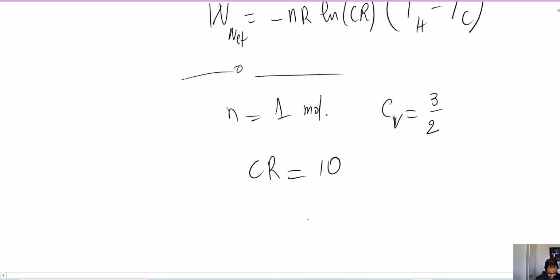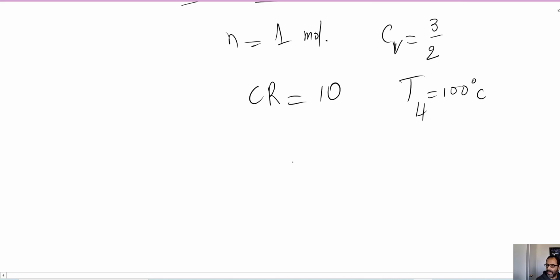So the ratio of the volumes is 10. And then temperature reservoirs, so we know TH is 100 degrees Celsius. Don't forget to convert this stuff to Kelvin, except when you're dealing with a difference, because TH minus TC, whether it's in Kelvin or degrees Celsius, is the same difference.